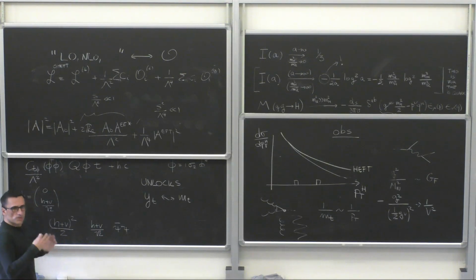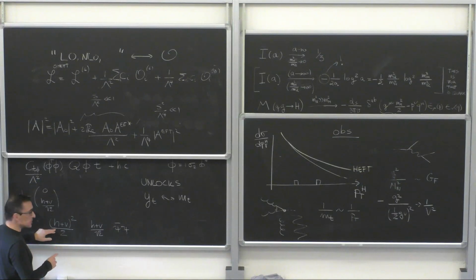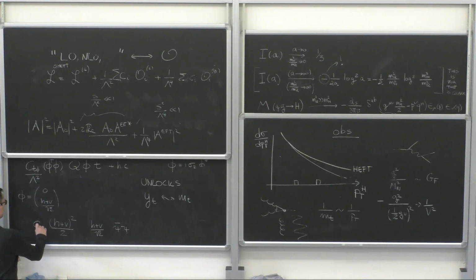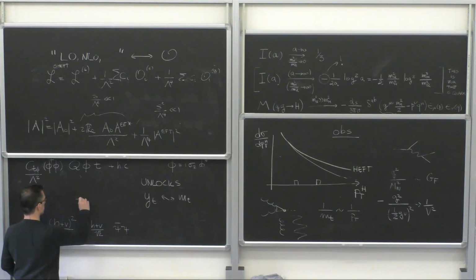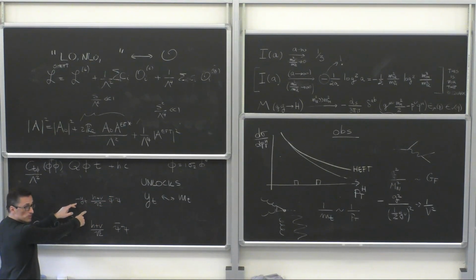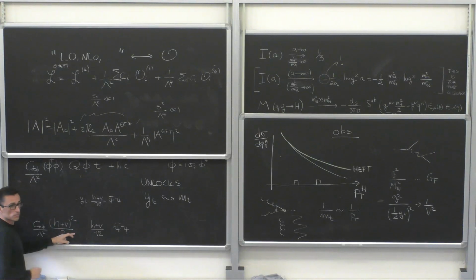So how do I think about it? Well, now I have this one, which has a new coefficient in front, and I have the old one, right? The one I wrote before. I have both. This from the standard model and this one from the EFT. I have both of them. So effectively, what do I have to do?